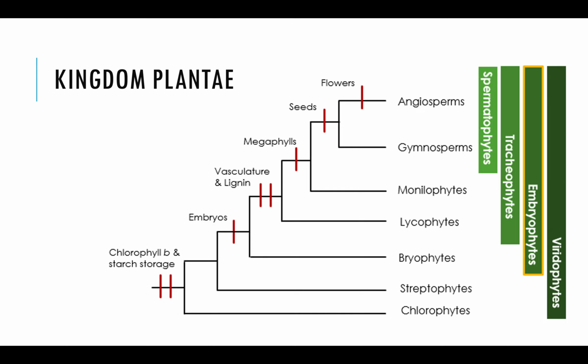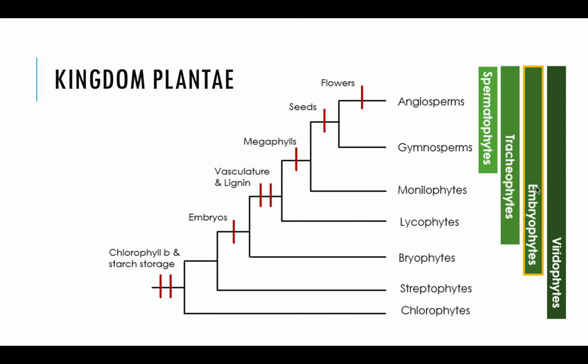All right, so this is our kingdom Plantae. Notice here we have this group, this division called Viridophytes. These Viridophytes are anything with chlorophyll, right? So anything that is photosynthetic. These two groups down here are actually our algae from last week.